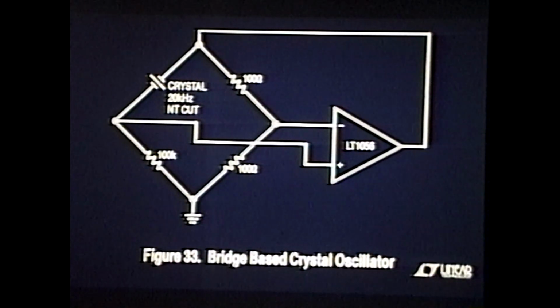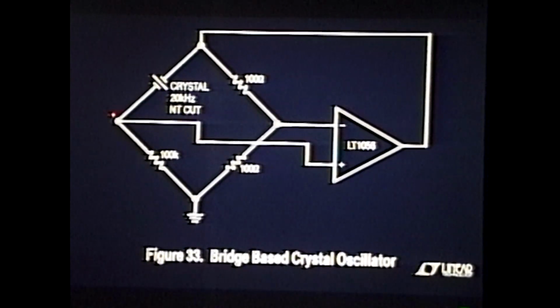What's going to happen? This is a very, very selective high Q element. The thing is going to oscillate at the resonant frequency of the crystal. And if you look with a scope at the output and at this point here, that's just what you see. This is the output of the amplifier. You notice what happens?